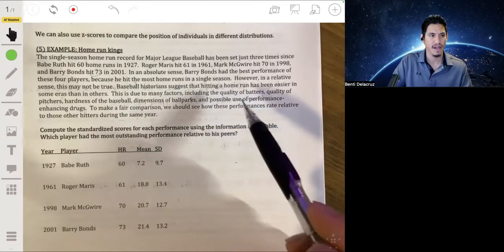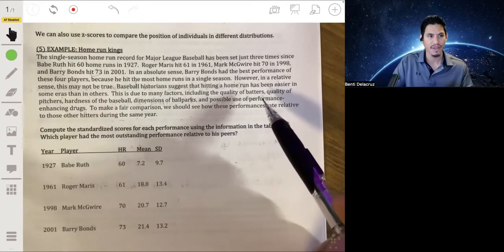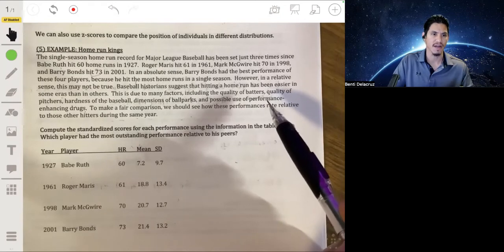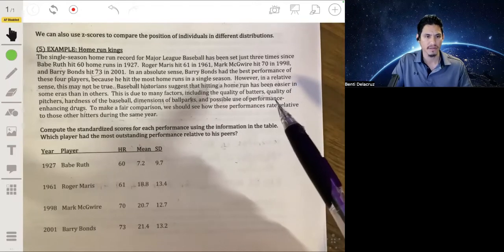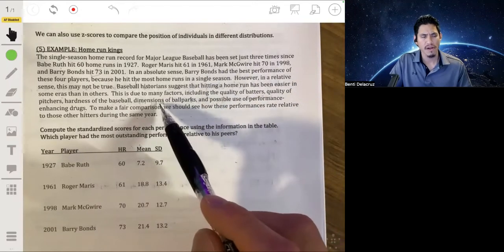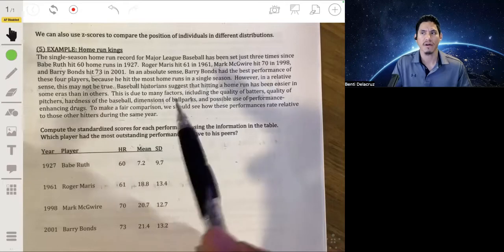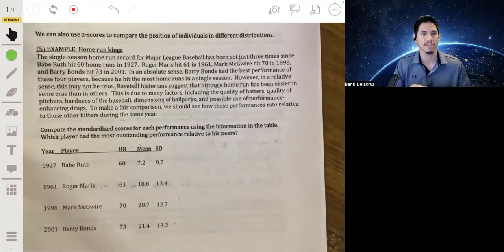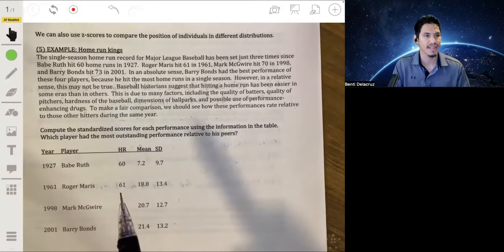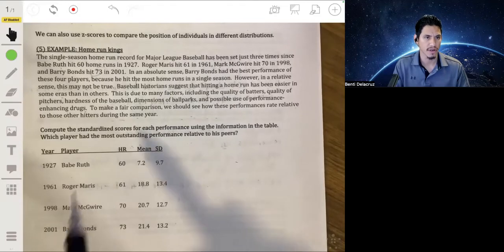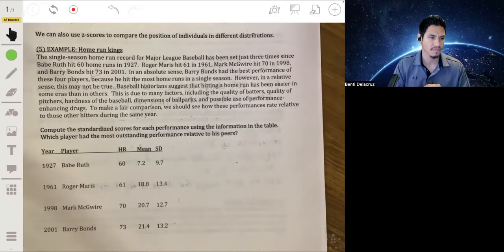And we know that some of these guys were using drugs, and they probably didn't test as heavily in some periods of time than others. So to be fair and gauge how good they were compared to the other players in their time period, we're going to calculate z-scores for these 4 individuals during their eras.